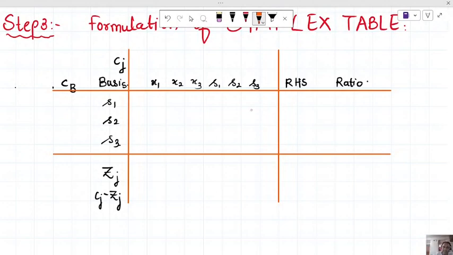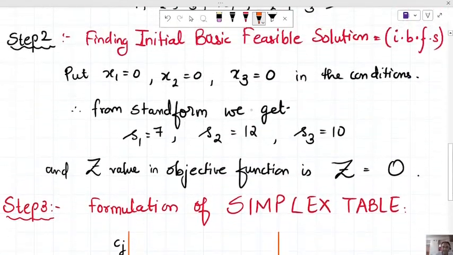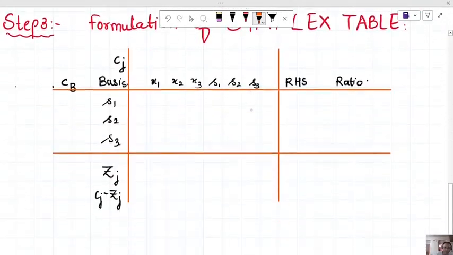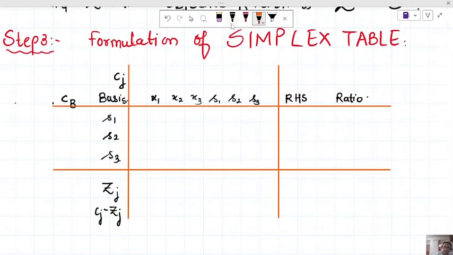We start filling up the values of x1, x2, x3 from the conditions that we have got. The x1 coefficients are 3, minus 2 and 4, so fill up over here: 3, minus 2 and minus 4.